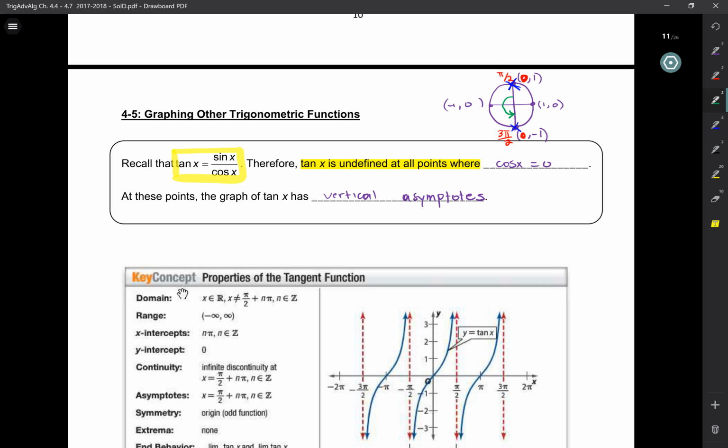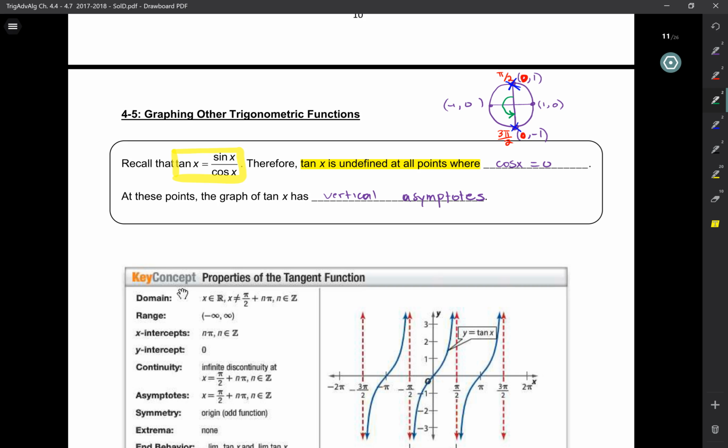That means every time from here you go a distance of pi, asymptote, pi, asymptote, pi, asymptote. That means the sine and cosine repeat every time you go over 2 pi, but the tangent repeats every time you go over 1 pi.